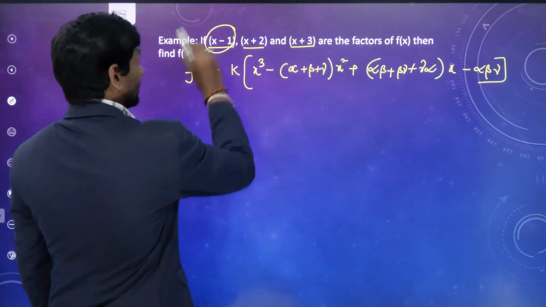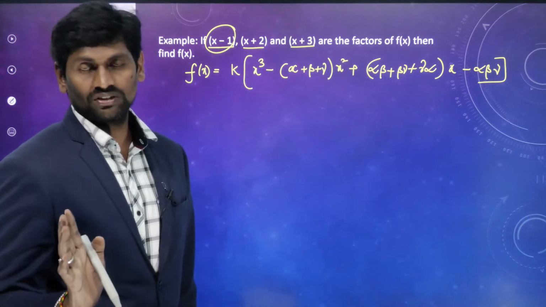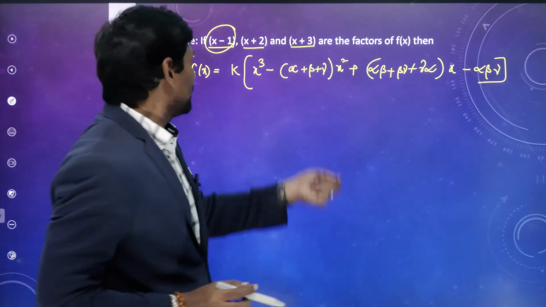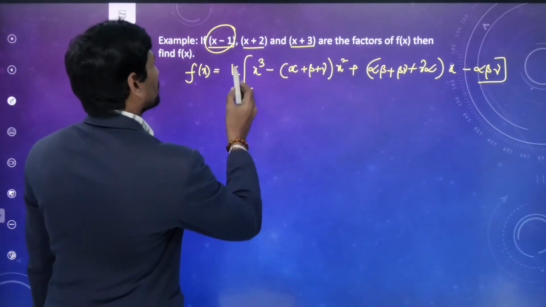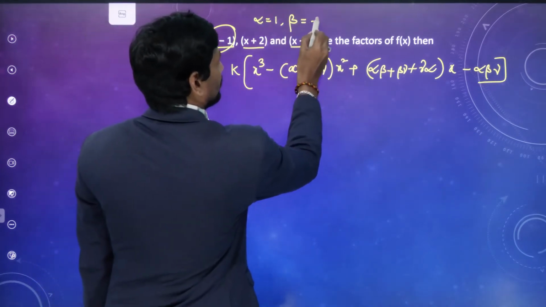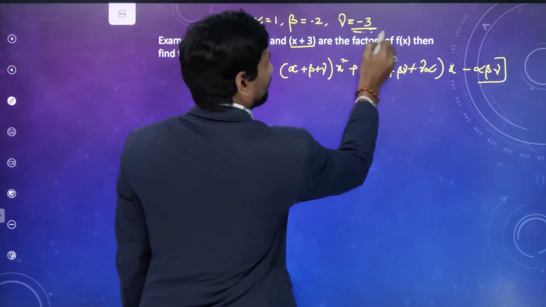And from the factor theorem, if x minus 1 is a factor, then 1 is the root. Same way, x plus 2 is a factor, minus 2 is the root. x plus 3 is a factor, minus 3 is the root. I am taking the solutions: alpha value is 1, beta value is minus 2, and gamma value is minus 3.